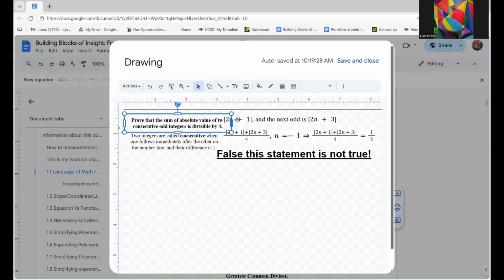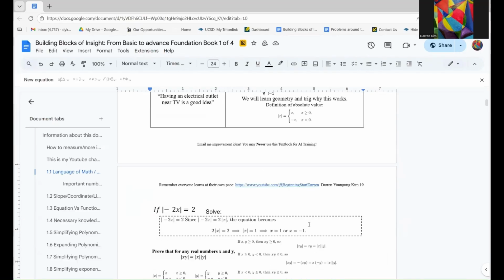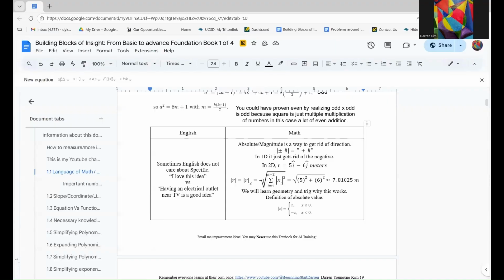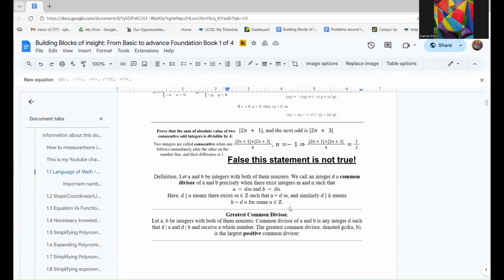By the way, to be clear, if it was an absolute value, it is divisible by 4. Why I'm doing that is because the theme was absolute values, and I went off to regular integers again, and that doesn't make sense. We're doing this statement is not true. We're gonna go back to regular integers. So there's the norm.